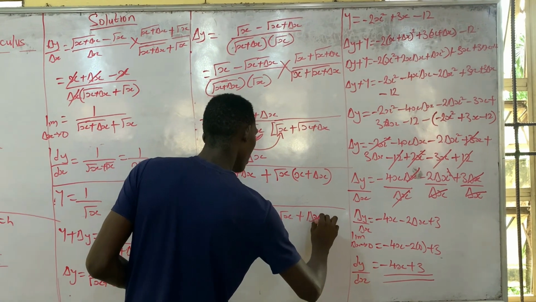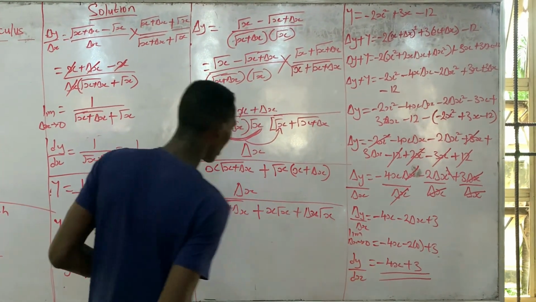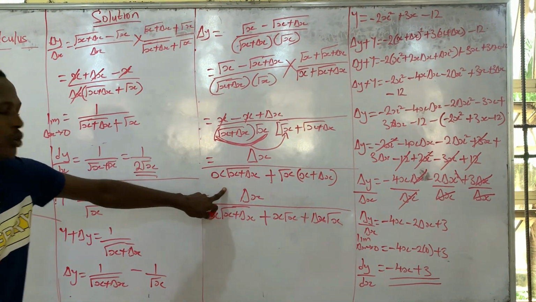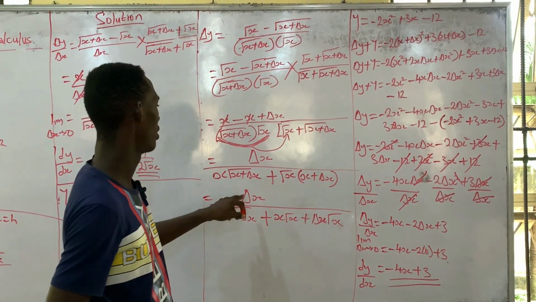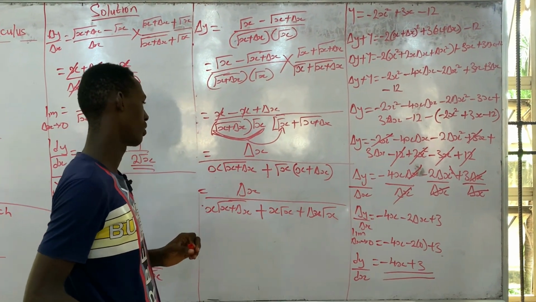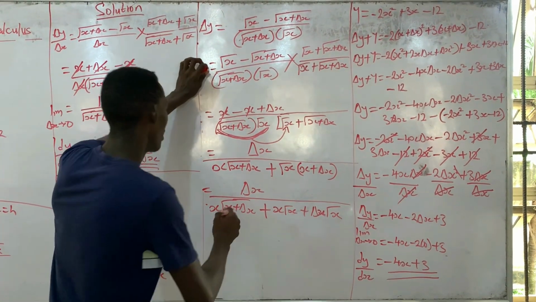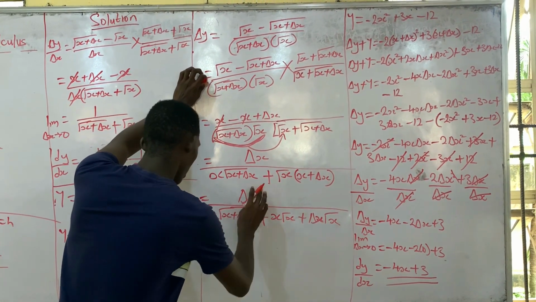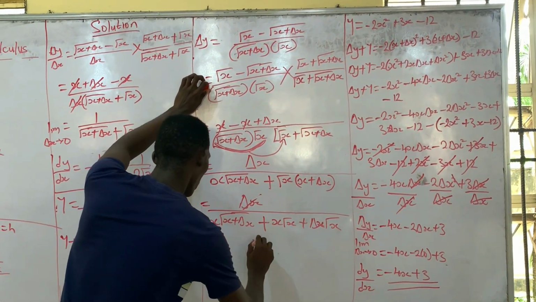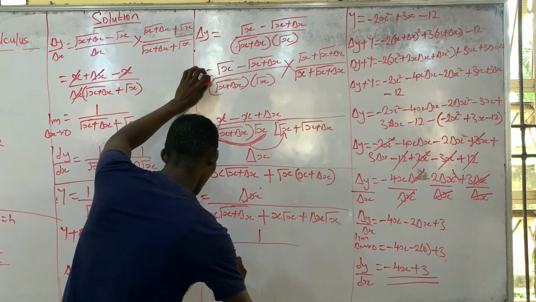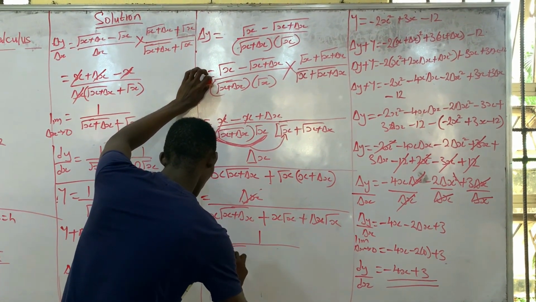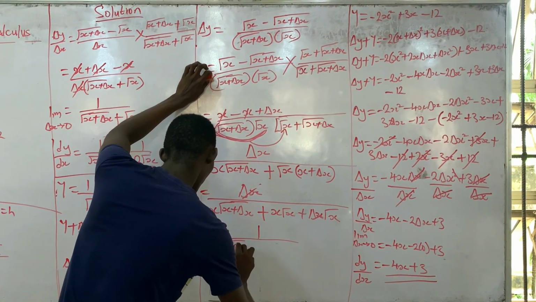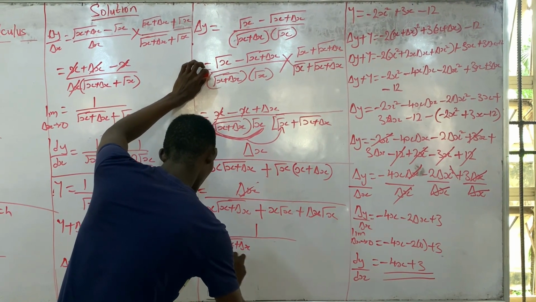Change in x root x. Now in order to get rid of this, you divide both the numerator and denominator by what? Change in x. So if you do that, okay, sorry. This will become what? 1 over x root x plus change in x.